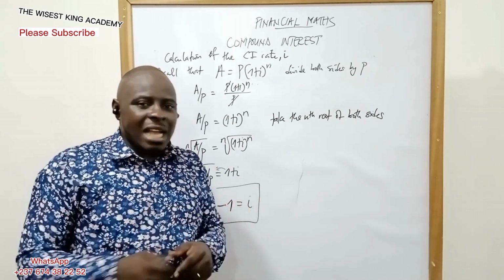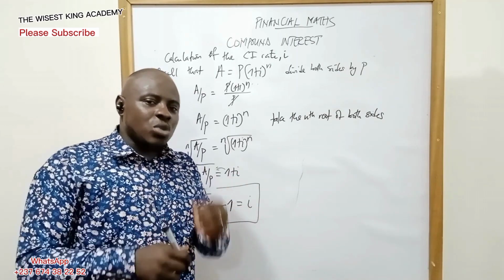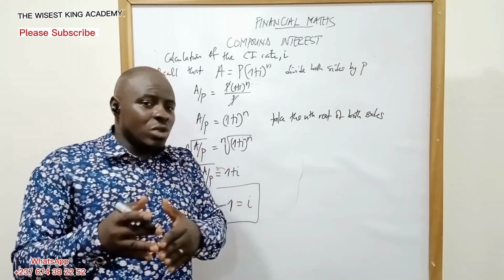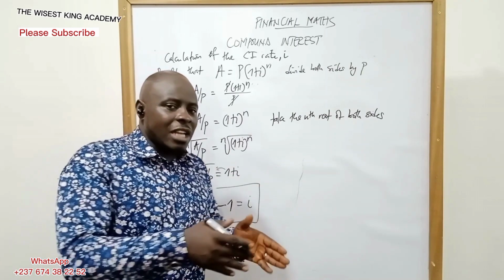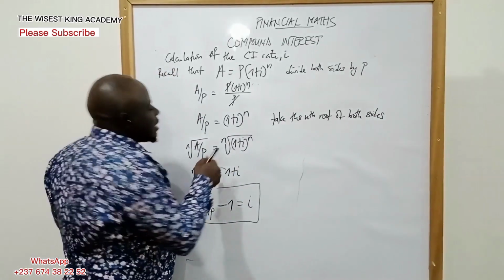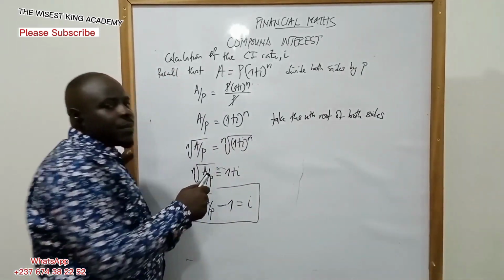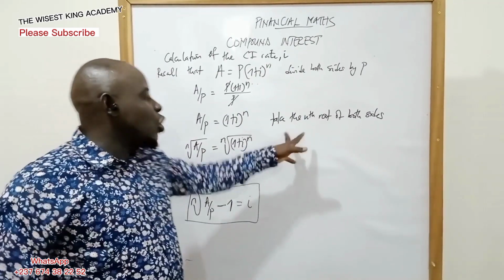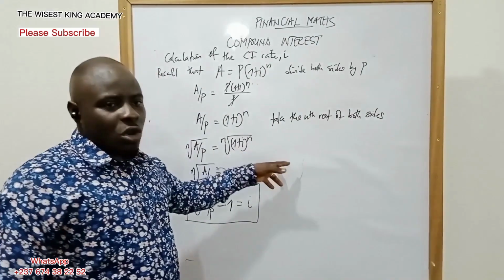They give you the discount rate, the duration and the principal, and they want you to calculate the discount rate. In that case, since the power will be negative, you will not be able to use the root of the power.